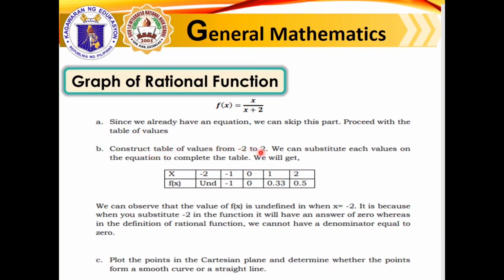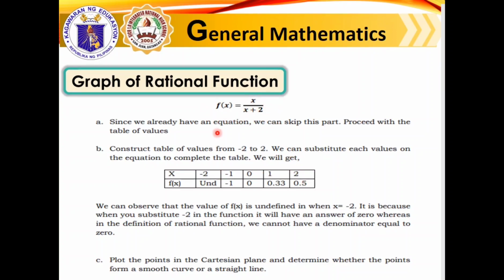So again, we will construct a table of values composed of x and f of x. So from negative 2 to 2, we can have the x values of negative 2, negative 1, 0, 1, and 2. Then after that, f of x. So f of x or y can be determined by just substituting the values of x from negative 2 to 2 into the original rational function.